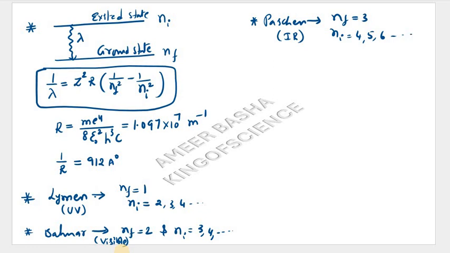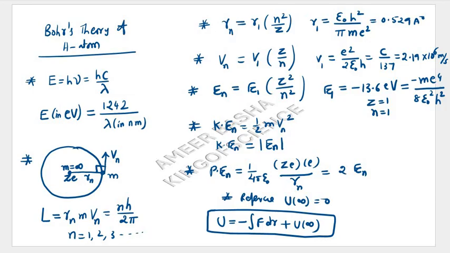Okay. Done. So all these relations, the radius relation, velocity relation, energy relation and all those things are important. How they will frame the questions in the competitive examination we will discuss in the further videos. Suppose they are asking something new, say for example, what will be the time period of an electron? That time you can usually calculate.